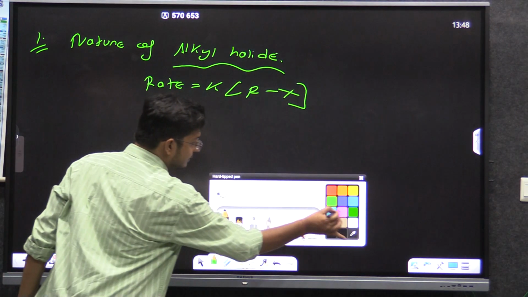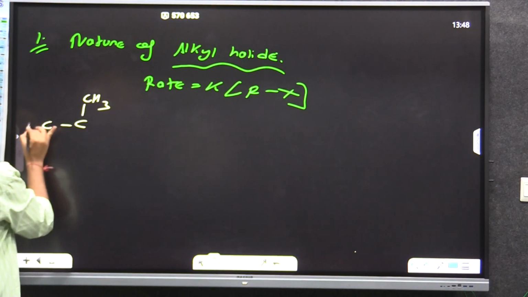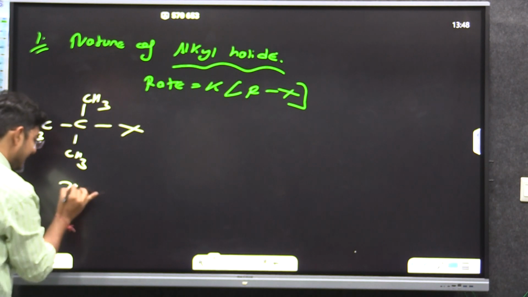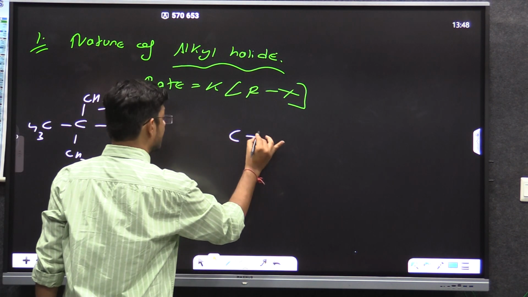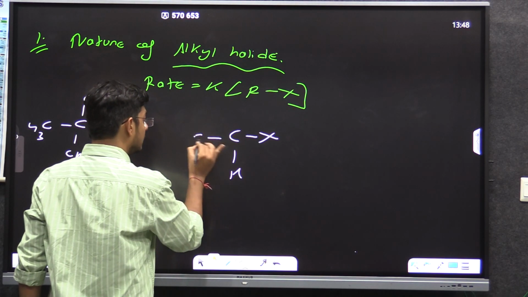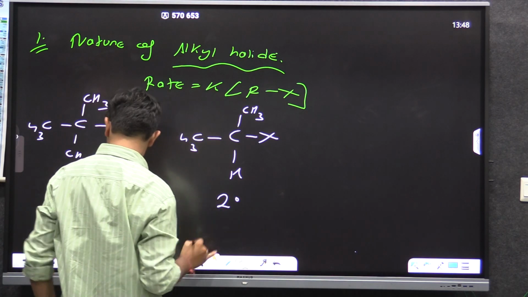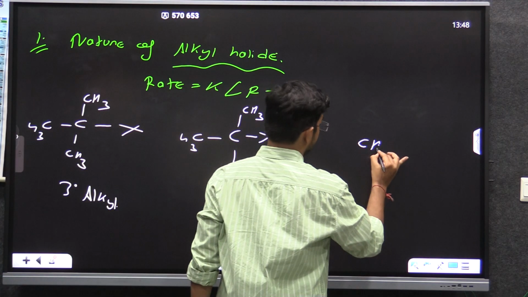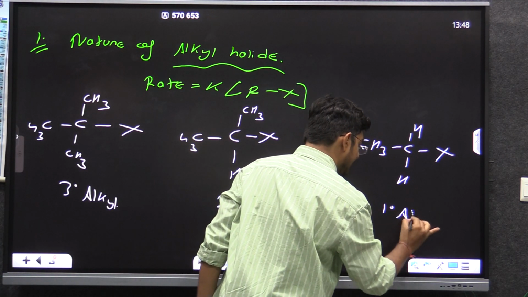Let's suppose we have 3 types of alkyl halides. Let's take an example also. This is, let's suppose, a 3-degree alkyl halide, this is a 2-degree alkyl halide, and this is a 1-degree alkyl halide.